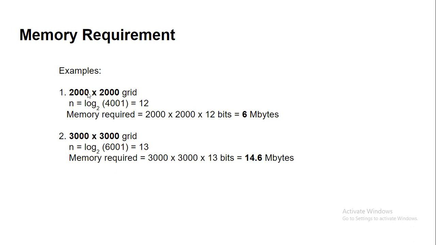How many grids do we have in this layout? 2000 into 2000 and 12 bits per grid. So total memory requirement is 6 megabytes.